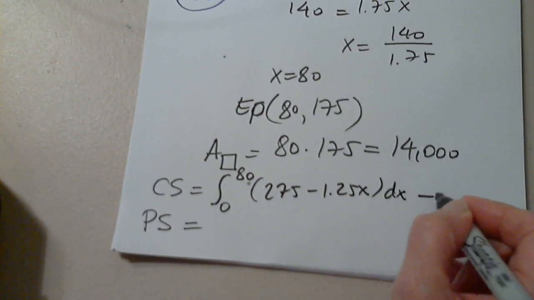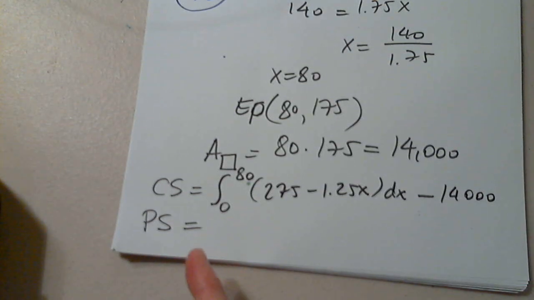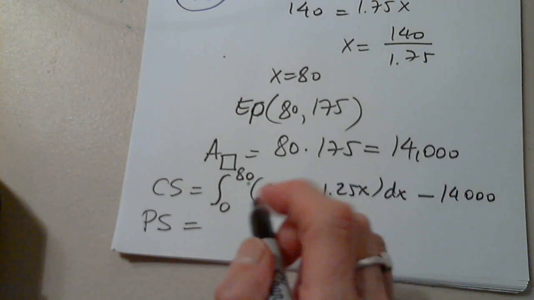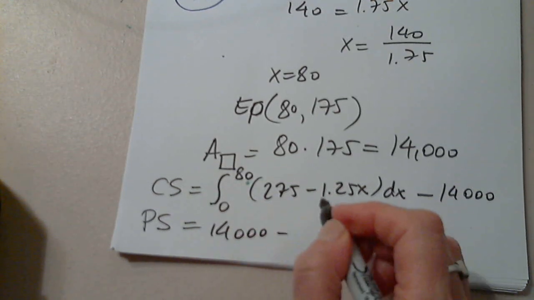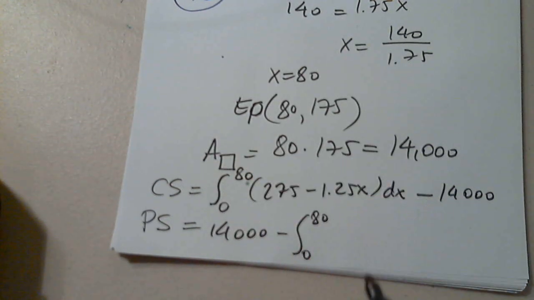Of course, dx, minus this area. How do we determine the producer surplus? Yes? Minus. The definite integral, the same limits, but not from the same function.